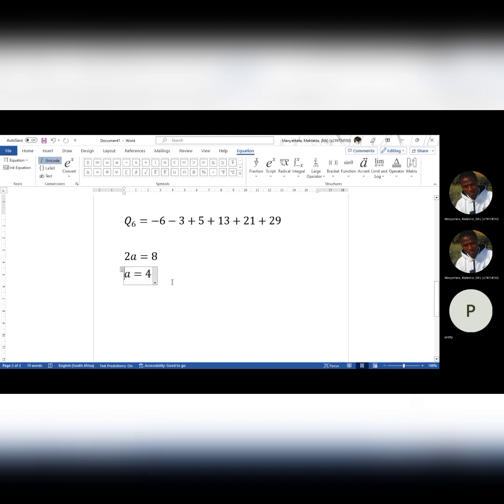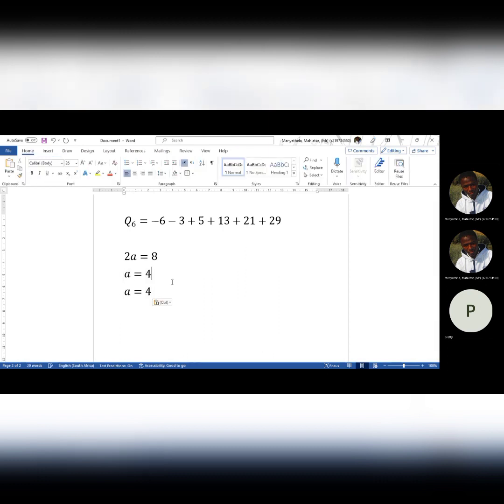So if we were to continue, 3a plus b equal to negative 3.